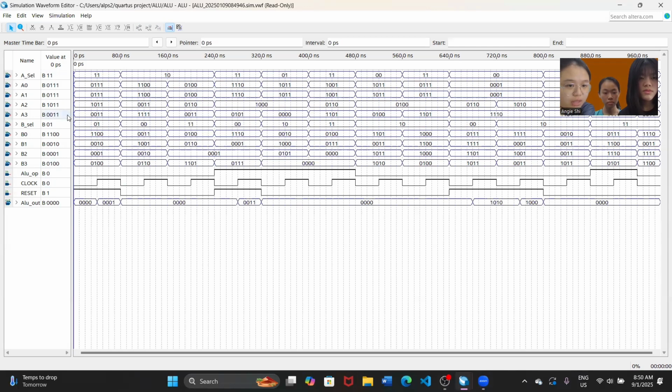And we get A3 minus B1, which is 0, 0, 1, 1 minus 0, 0, 1, 0, so that we will get 0, 0, 0, 1 as our input of D. At this time, we got a clock rising edge, and the reset is not equal to 0, so the reset input will not function. So our D is equal to 0, 0, 0, 1 here, and our output will equal 0, 0, 0, 1. In conclusion, our design functions well.